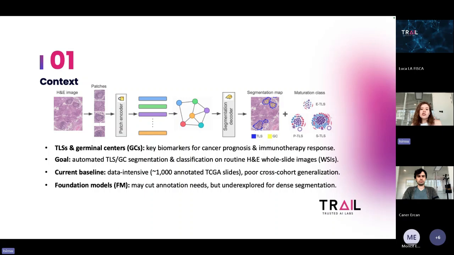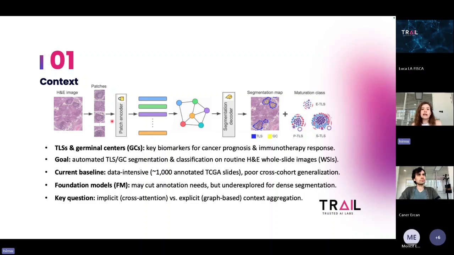If we want to use foundation models, we need to keep in mind that we should divide these gigapixel images into smaller patches, as you can see in the slide, and then extract embeddings for them using the frozen foundation model encoders. In addition to foundation models, we also want to compare 2 ways of aggregating spatial context combined with the embeddings extracted from these models.